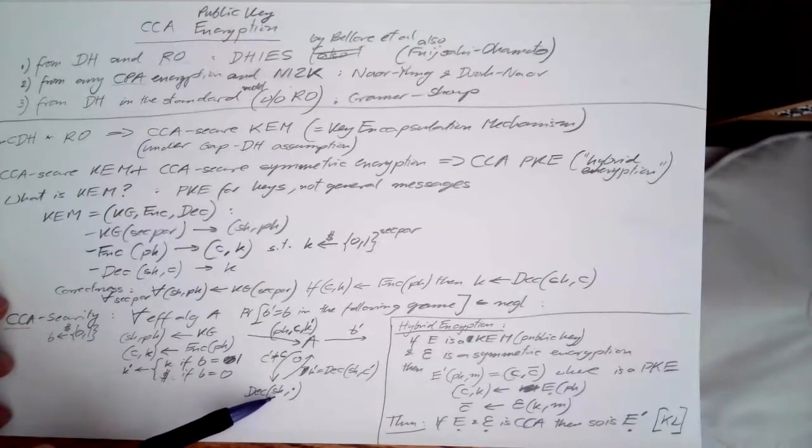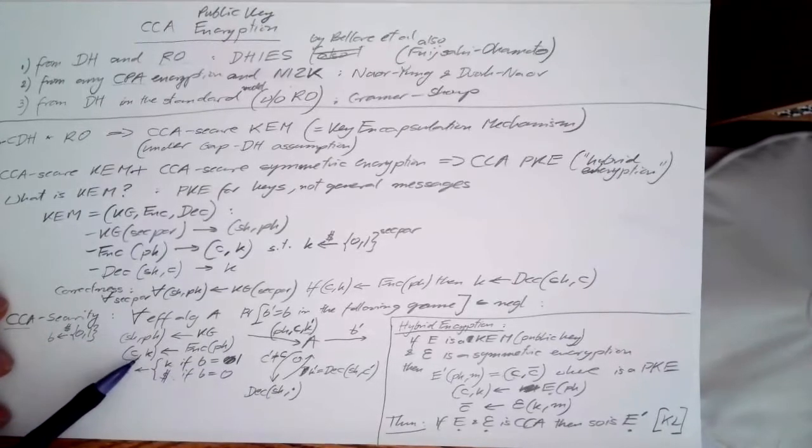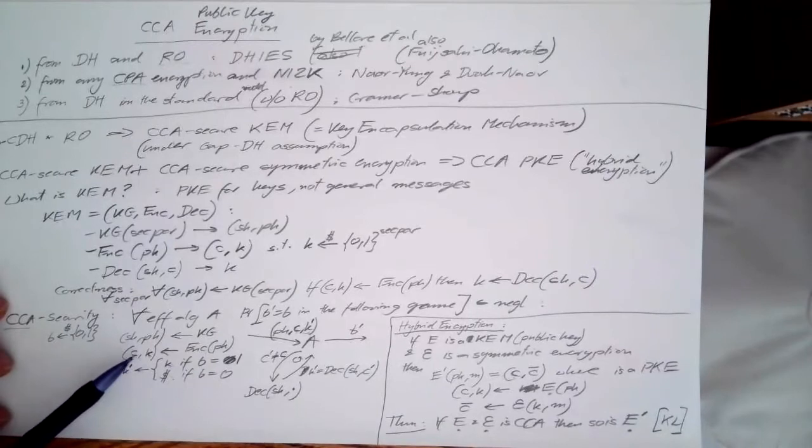Yes, it's just like an encryption. The only difference is that you don't encrypt messages. Basically, what this does is that it picks a random message and encrypts only that random message. But other than that, it's like an encryption.